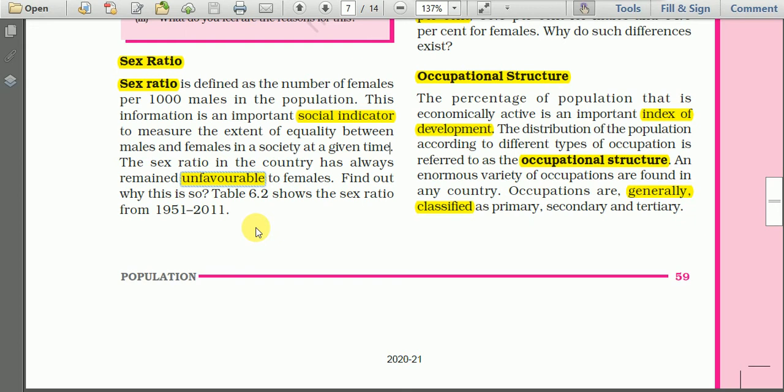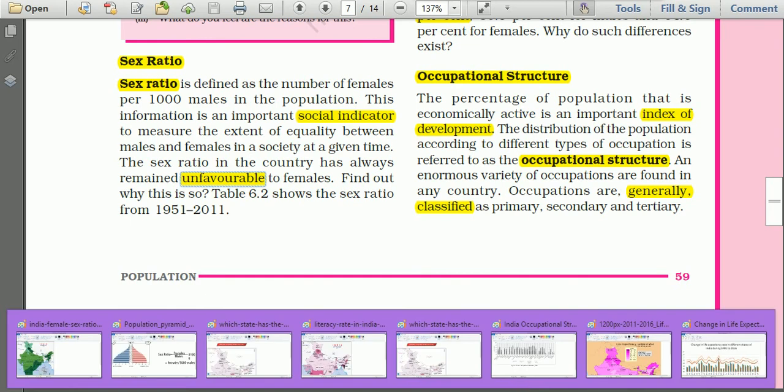In the case of favorable, we have more females per 1,000 males. We have already read that sex ratio tells the equality between males and females in a society. If there is no equality, then the number of females may be less.